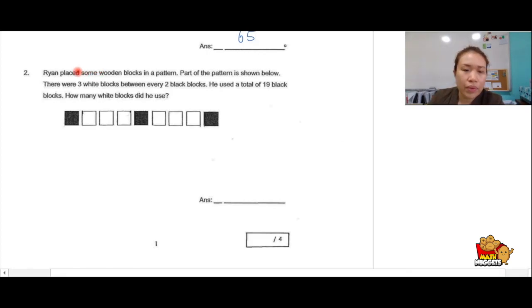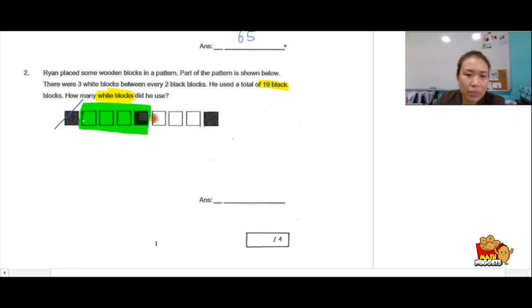Question 2. So that's the pattern, 1 black, 3 white. 1 black, 3 white. So he used a total of 19 black. We're trying to find the number of white blocks. So what we need to do is to take away the first black, so that 3 white, 1 black becomes 1 set.